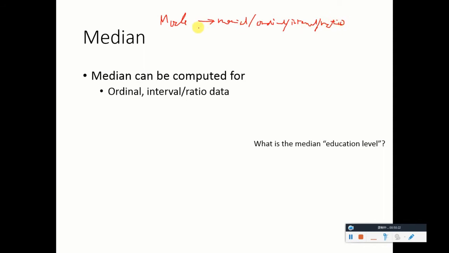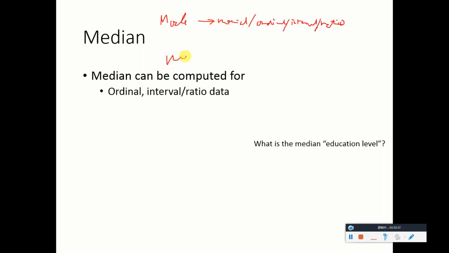Okay, so it can be used to describe all these 4 types of data. And if you forget already, you should check back to an earlier slide on this topic.